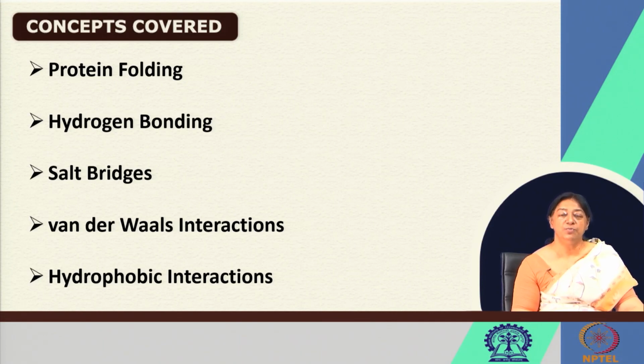We have the hydrogen bonding that we looked at, and what we realized is we need to know which amino acid residues can actually be involved in the hydrogen bonding that is present, the salt bridges where we would look at electrostatic interactions and what kinds of residues again could be involved in these salt bridges, van der Waals interactions and hydrophobic interactions. So, these are the concepts that we looked at.